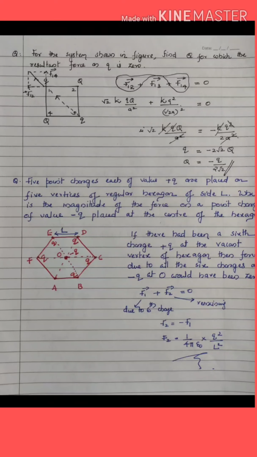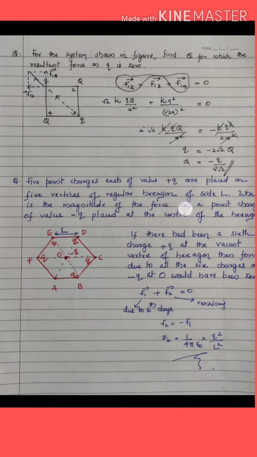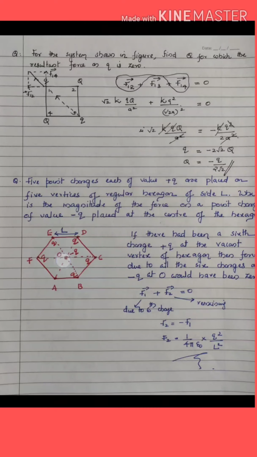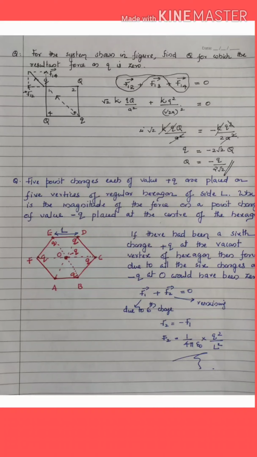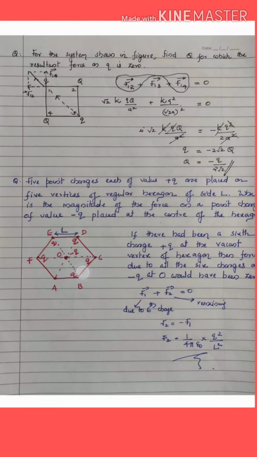Five point charges, each of value plus q, are placed on 5 vertices of a regular hexagon of side capital L. Then what is the magnitude of the force on a point charge of value minus q placed at the center of the hexagon? Keep in mind, only 5 charges are placed and one vertex is vacant.